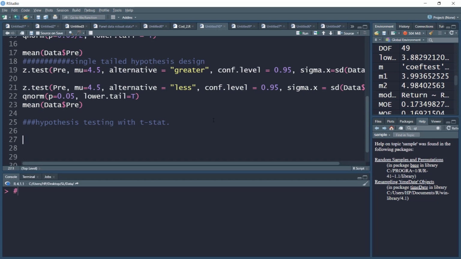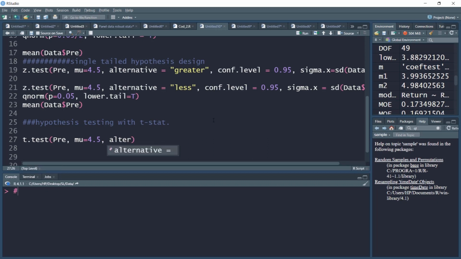To start with, we'll do a two-tail test, and for that we'll design our T test like this. We'll run the t.test command. We'll provide the argument, the sample variable pre. We'll specify the mean as 4.5 because we are trying to test whether the population mean is the same as 4.5 or different from that.